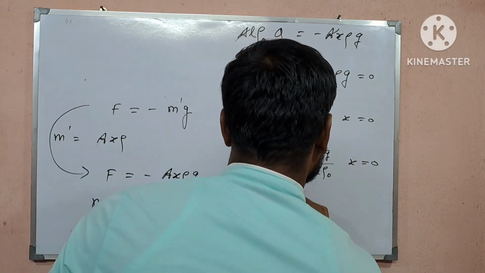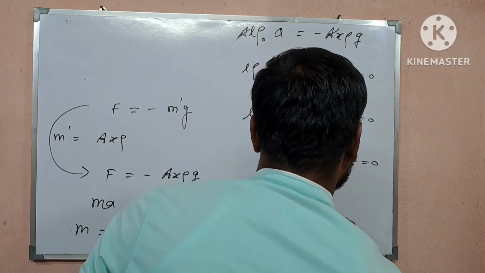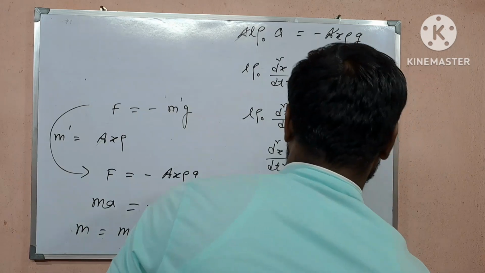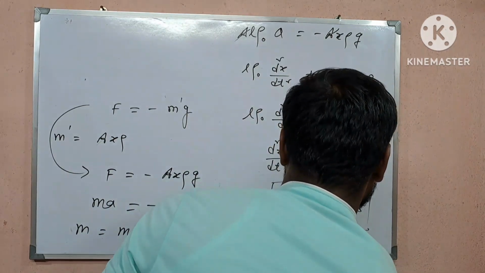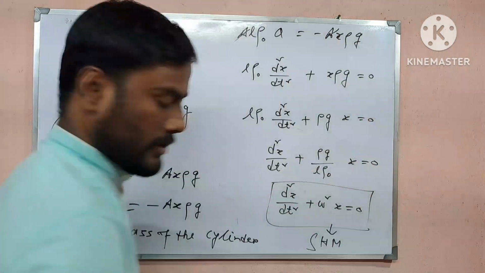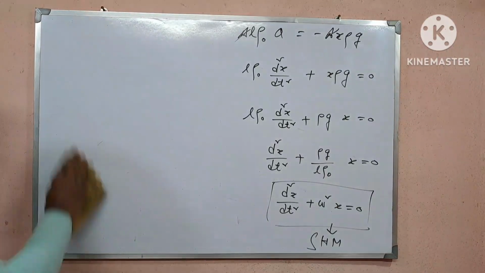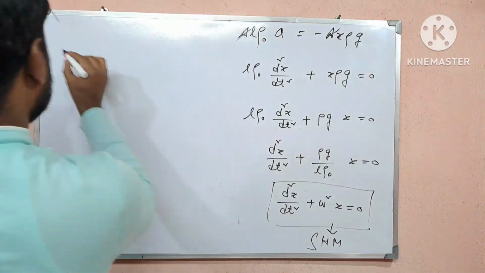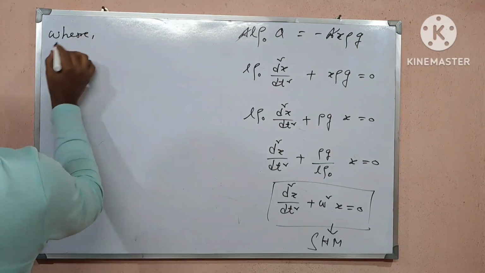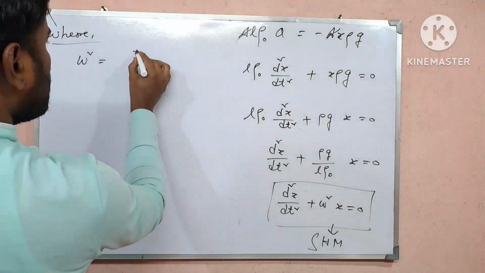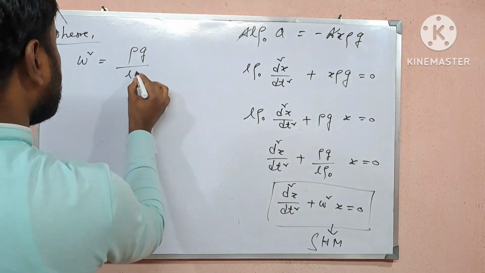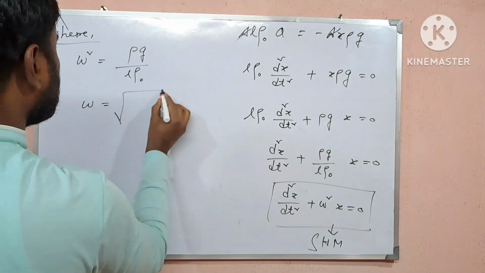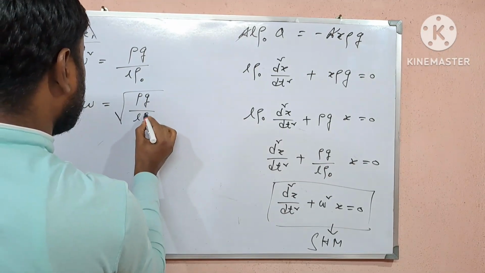We can also write it as d2x/dt2 plus omega square x equals 0. This is the general form of simple harmonic motion, or SHM. So this shows that the cylinder will execute simple harmonic motion, where omega square is equal to rho g by L rho naught. So omega equals root over rho g by L rho naught.